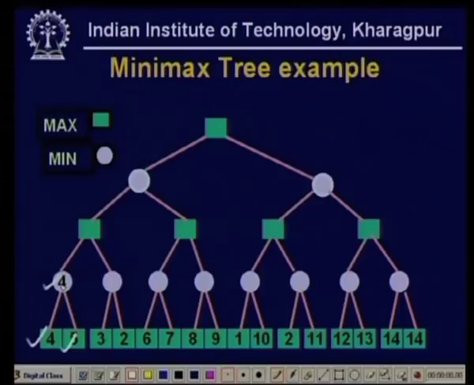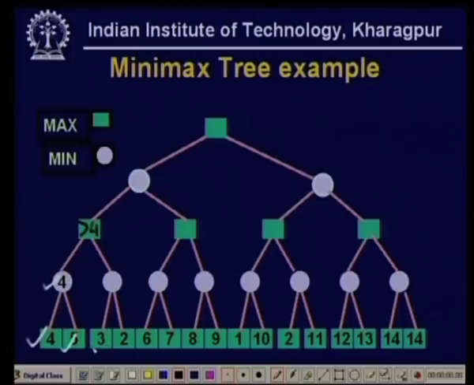Now, if the value at this node is equal to 4, the alpha value at this max node will be greater than or equal to 4, so we put that here. Now, this child will be evaluated.